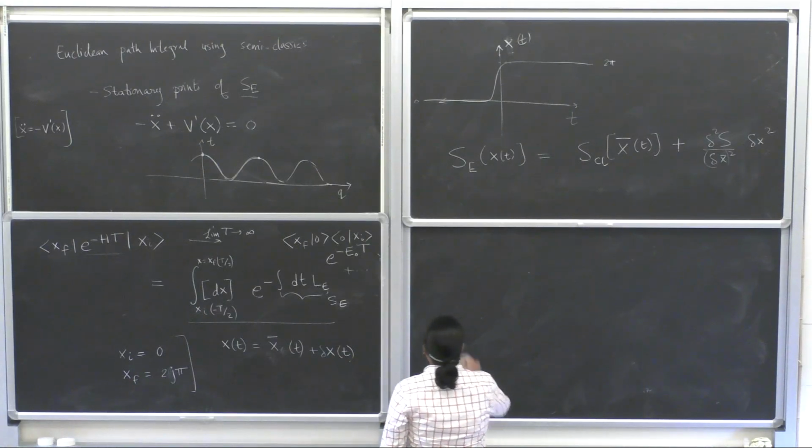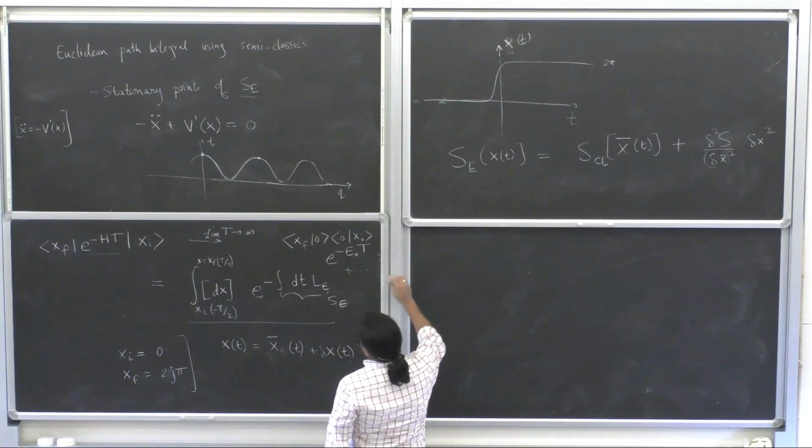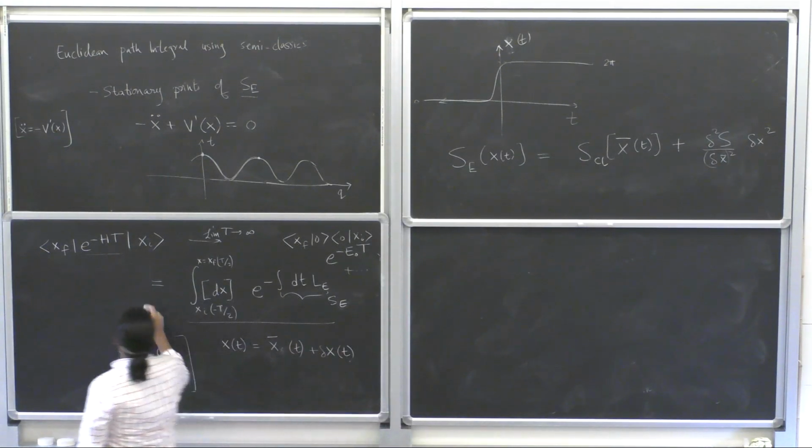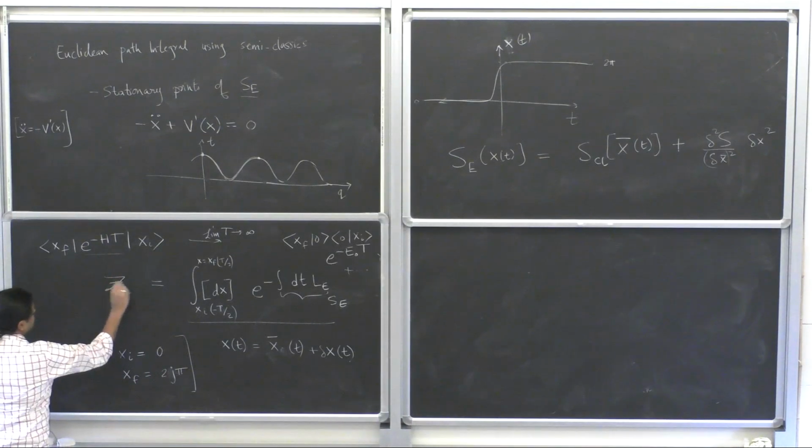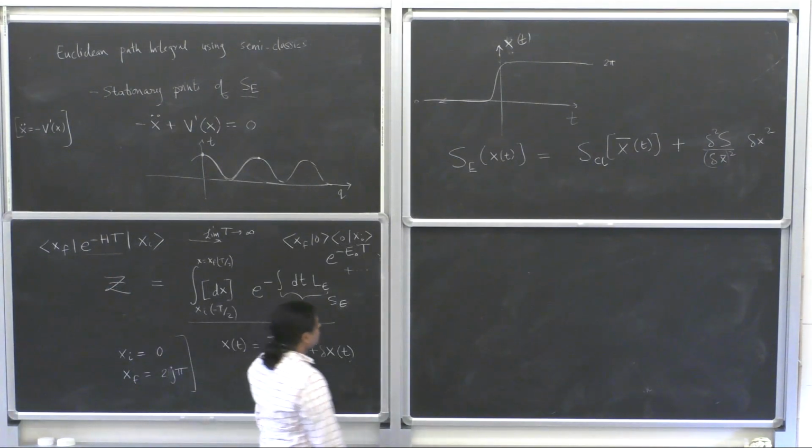Okay, so let's write out our partition function again, let's call this Z. The Euclidean partition function is this.